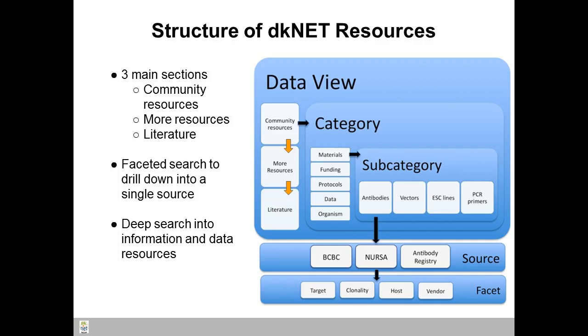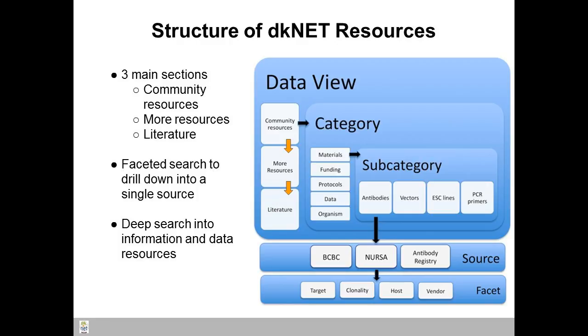So when one goes through the community resource data view, each community can create their own snapshot of how they want to display information about the resources available to a researcher.